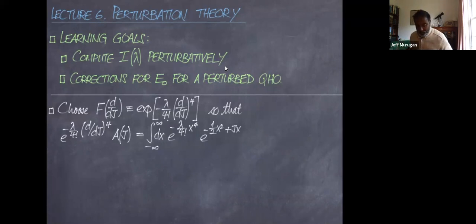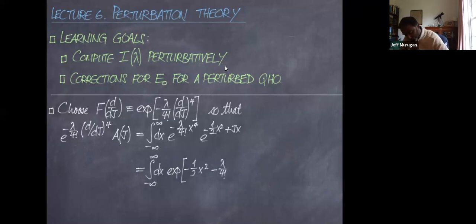Of course, I can always write this as the integral from minus infinity to infinity of the exponential of minus a half x squared minus lambda over 4 factorial x to the 4 plus jx.